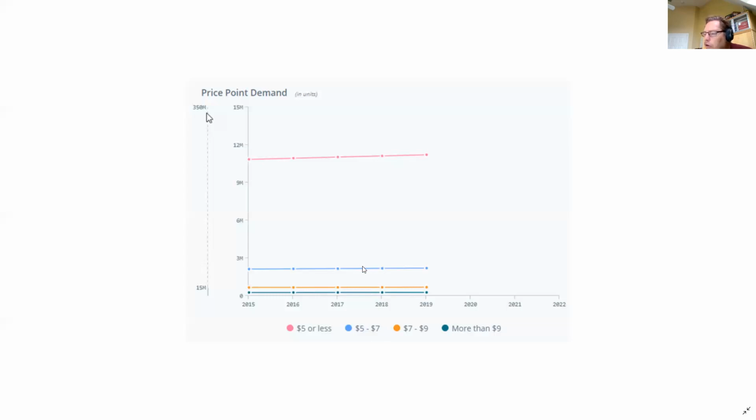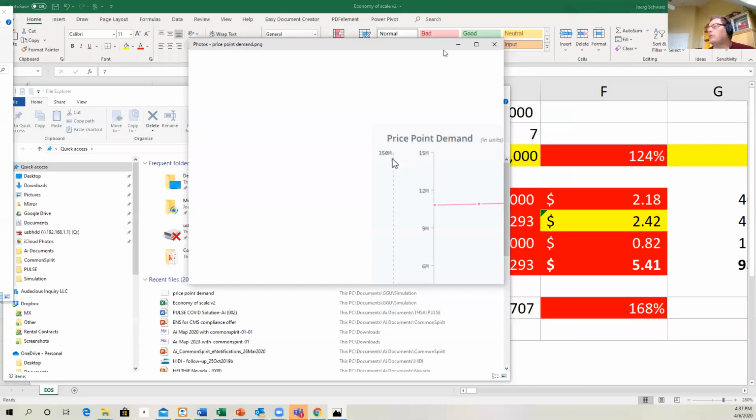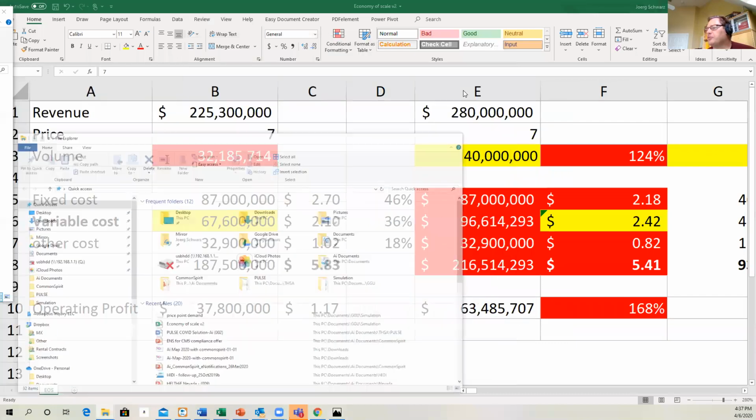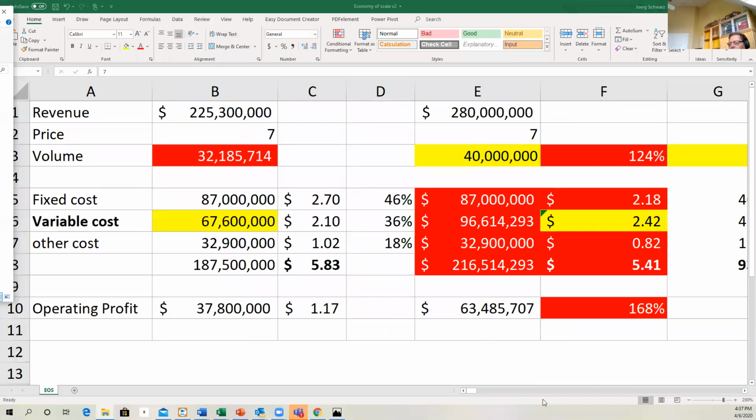And if you would go from $7 to, let's say, $5 or less, your demand will increase enormously. So now that we know this, which again is all stuff that you could have known before you did the first exercise, because this is all in the Data Explorer and this is all data you can see prior to the first simulation.